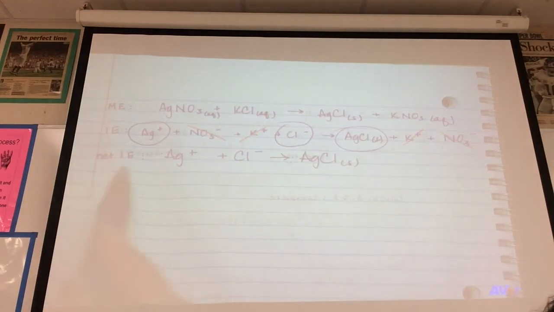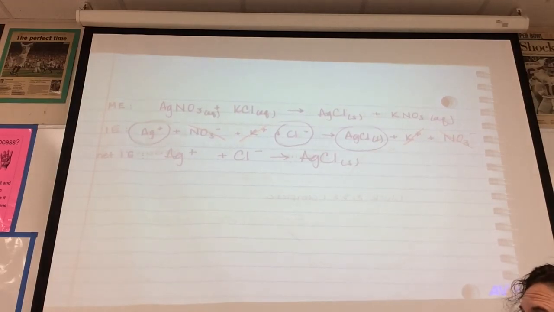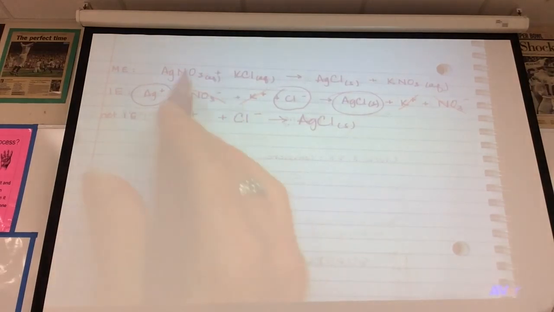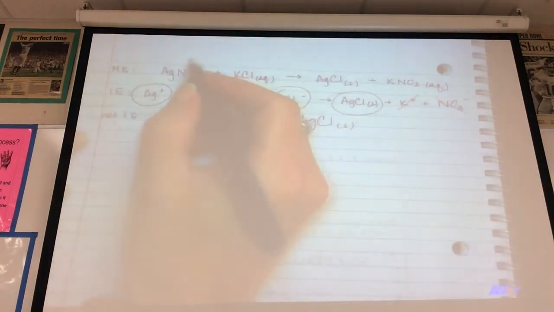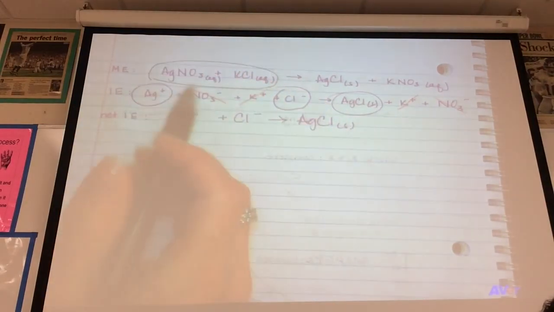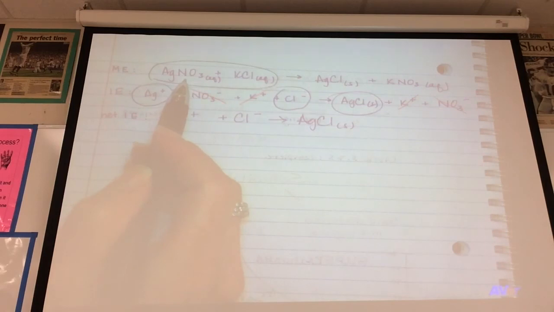Now, is there an easier way to go from the molecular to the net ionic? There sure is. So let's give it a shot. What I would have done with this first one is I would have looked at my two reactants. And when I look at reactant 1, I've got silver nitrate, and I know that all nitrate ion-containing compounds are water-soluble.